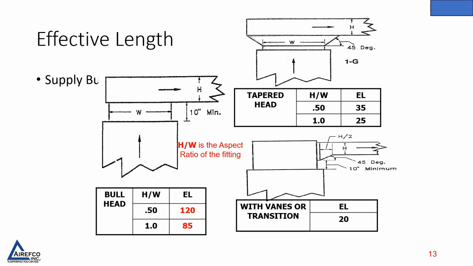By further putting in vanes or a transition, we can drop that equivalent length to 20 feet. So which example do you think is going to provide more efficient work of the furnace and better and less turbulent airflow through the ductwork?